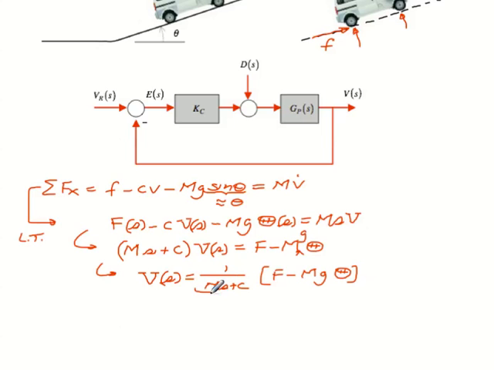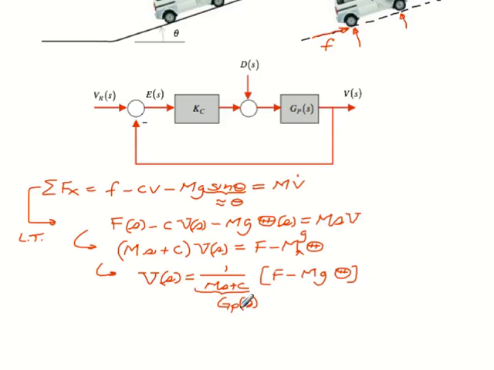So this is going to be our transfer function, which we'll call Gp, for the plant, for the car, which is really the transfer function between the traction force and the disturbance due to the change in inclination of the road and the output there of V.